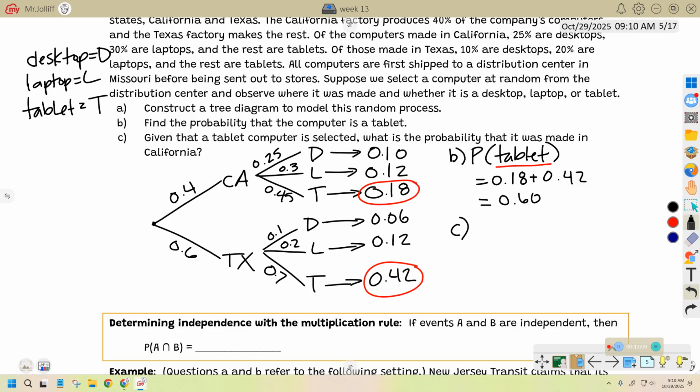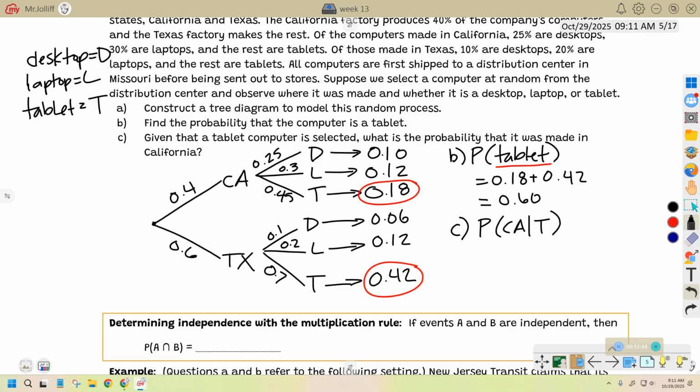And then a slightly trickier question. Given that a tablet computer is selected, what is the probability that it was made in California? So I want P(California given tablet). I know it's a tablet. What's the likelihood it was in California? And we have a formula for conditional probabilities.